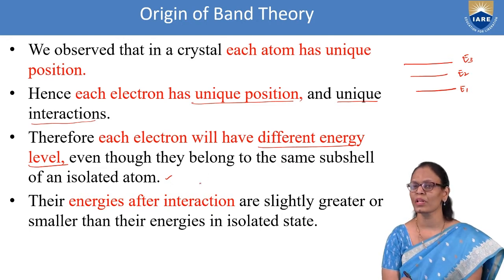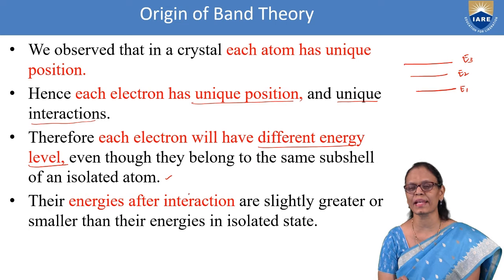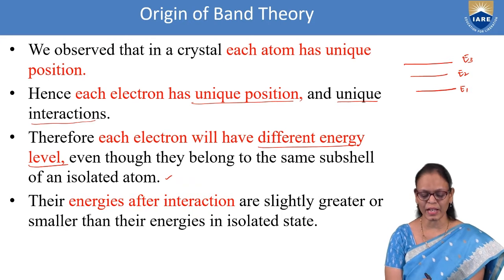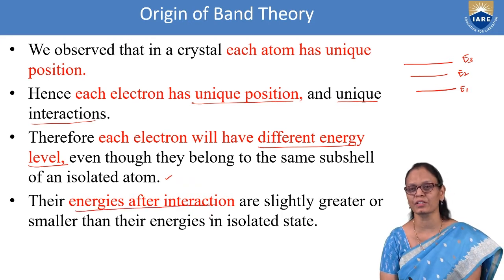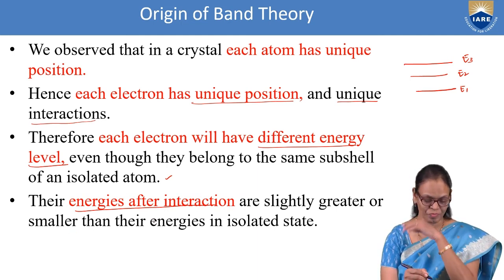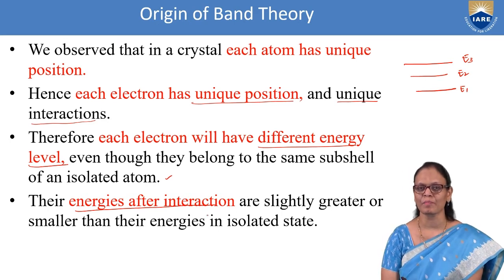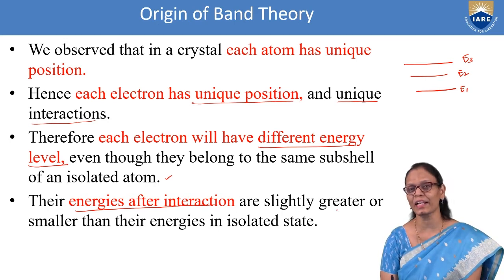As I told you, both of them may be belonging to the second subshell, but still they have a different energy level. And their energies after interaction are slightly greater or smaller. Like we have seen the wave function, it could be psi A plus psi B or psi A minus psi B. So they are slightly greater or slightly smaller than the energies in the isolated state.